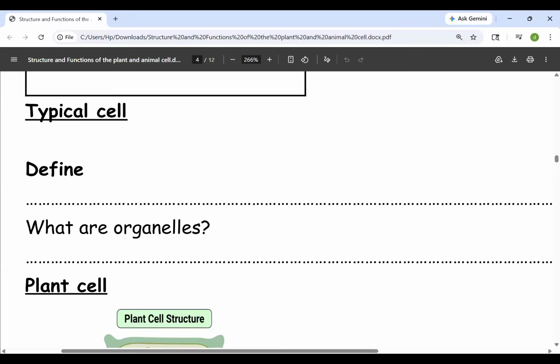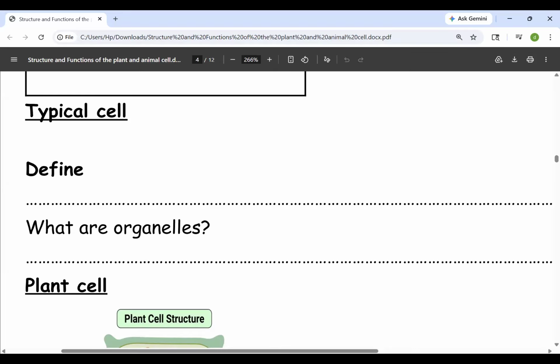How do you write organelles? I am telling this from page number 112, the last paragraph. The cell prepared by including all the organelles. That's all.